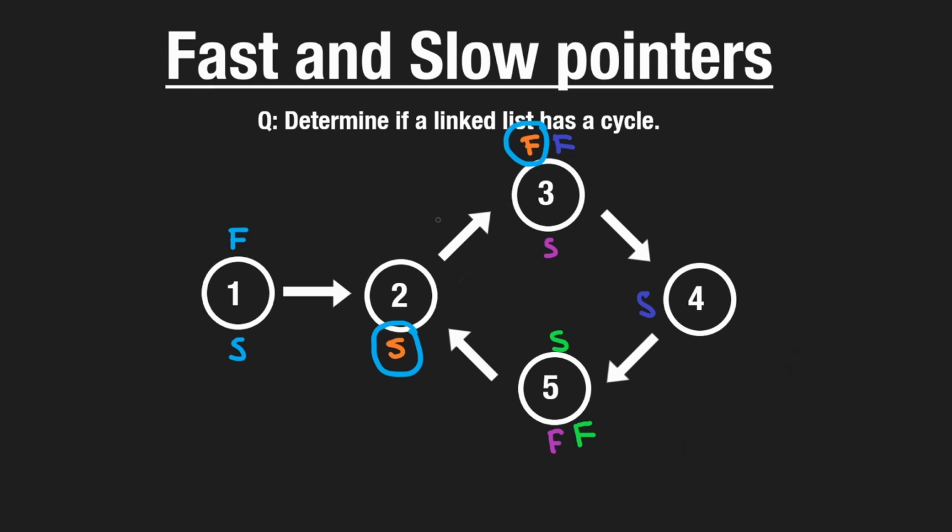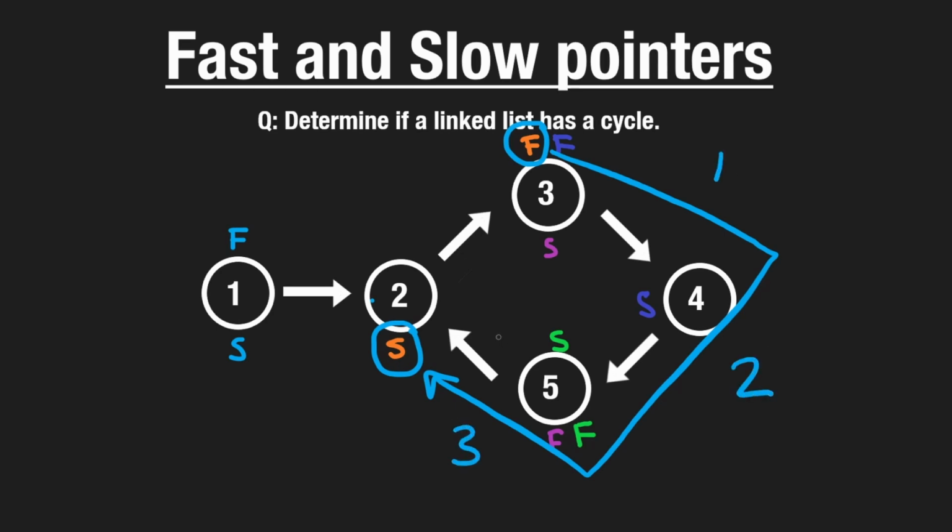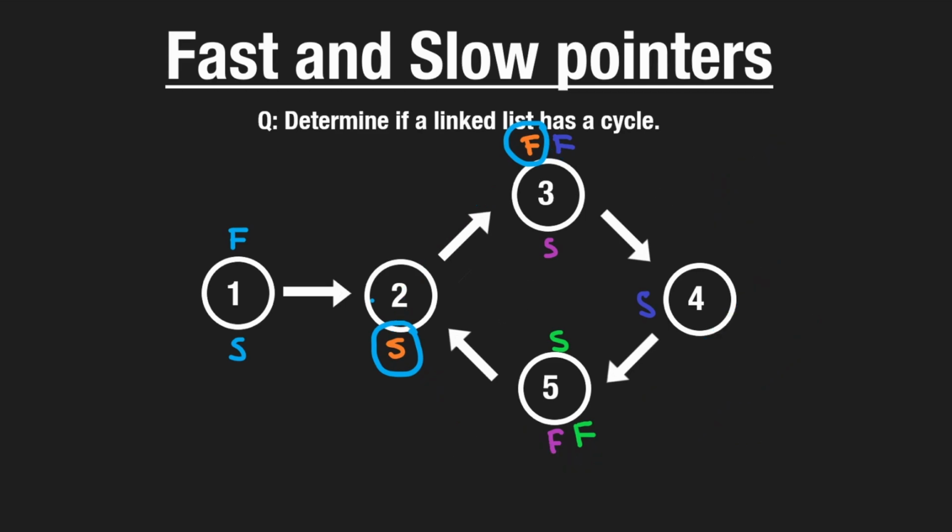So here, you can see that the distance between the slow pointer and the fast pointer is 1, but the fast pointer will be the one that catches up. So the distance between the fast pointer and the slow pointer is 1, 2, 3 spaces. But if the slow pointer is moving by 1 and the fast pointer is moving by 2 spaces, then the distance between them should be shrinking by 1 every single time.